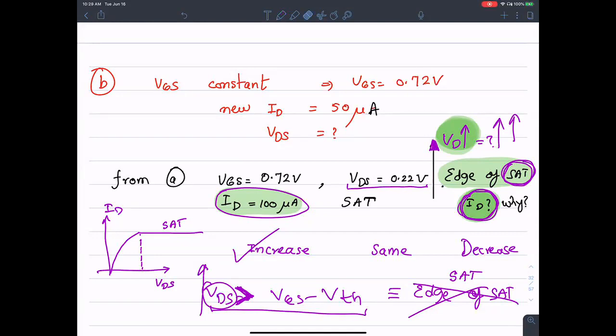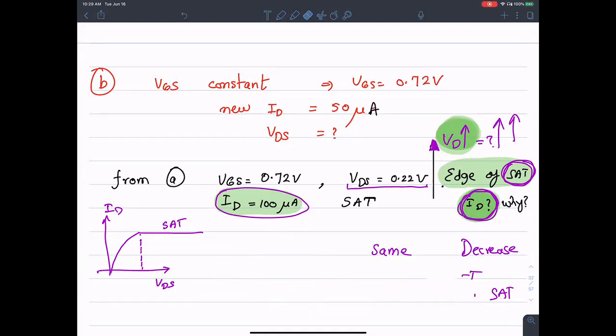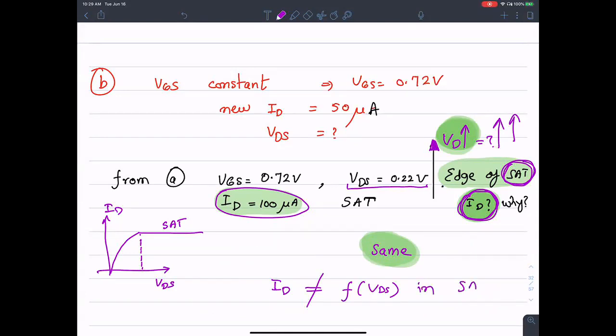So ID is not a function of VDS in saturation. Even if VDS changes left and right, the ID is going to remain constant.